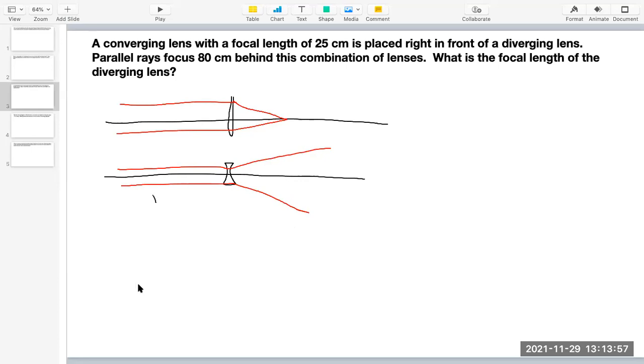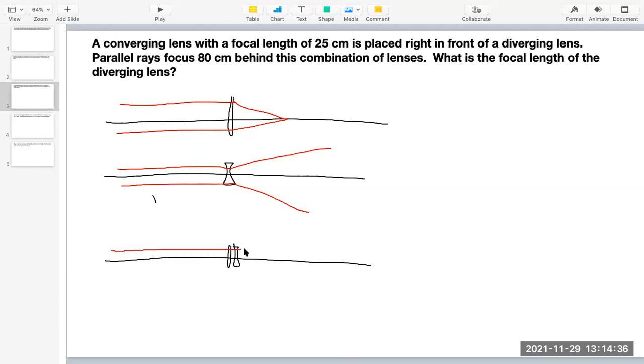But if we pair them up and put them very, very close to each other, and the focusing power of our converging lens is greater than the negative power of our diverging lens, it's really close, acting kind of like one lens.